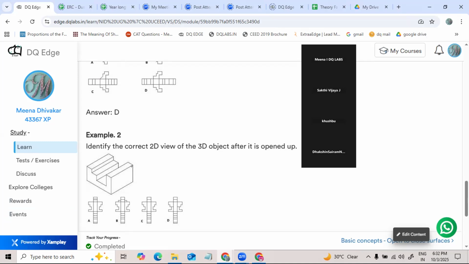Is it the same, these two? Okay, I'm getting answers over there. Are my views of left and right the same in option A? Yes. What about option B?